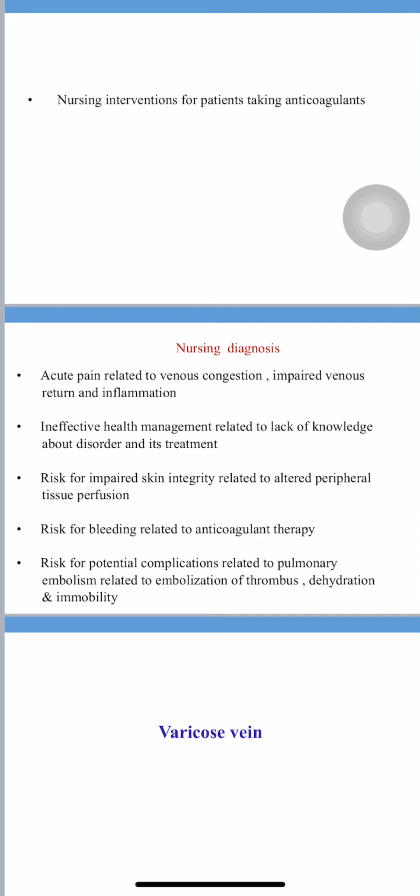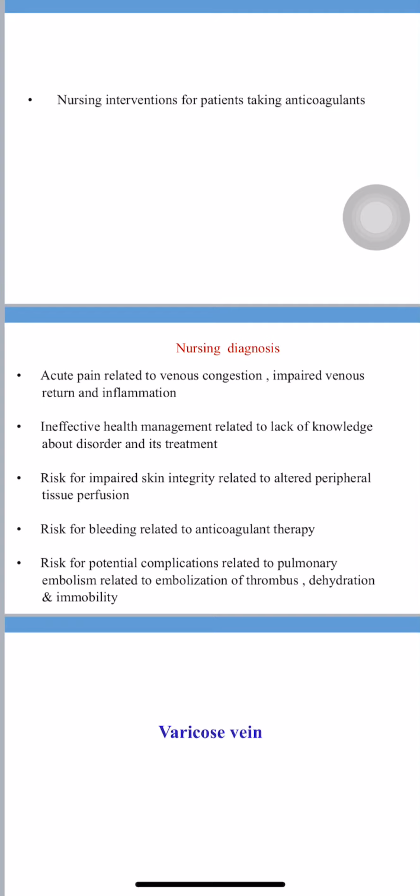APTT value should be monitored if the patient is taking unfractionated heparin or heparin derivatives. Also check the activated clotting time for unfractionated heparin. If the patient is taking anti-factor 10A drugs, it can be measured by using anti-10A assays.